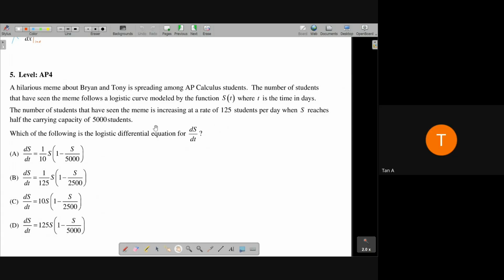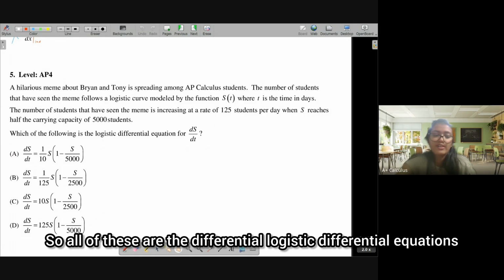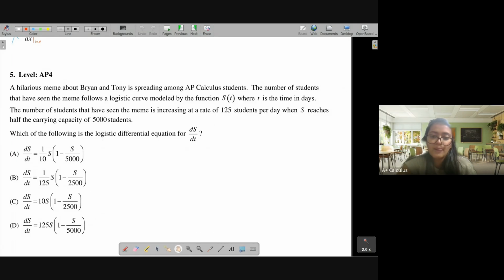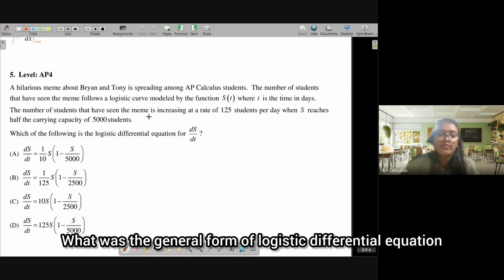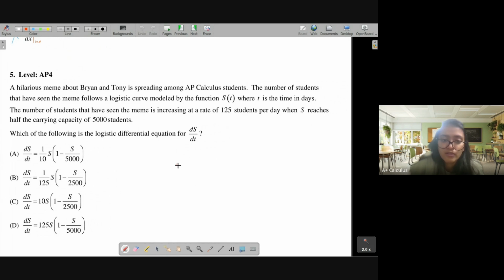Okay. So all of these are the logistic differential equations. What was the general form of the logistic differential equation? dy over dt is equal to ky times (L minus y). And what was the other form?